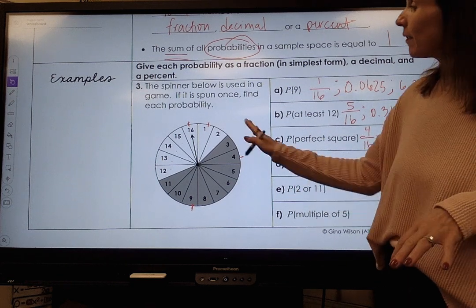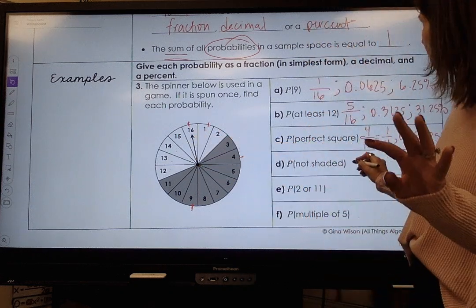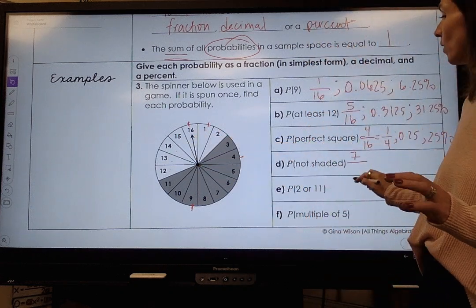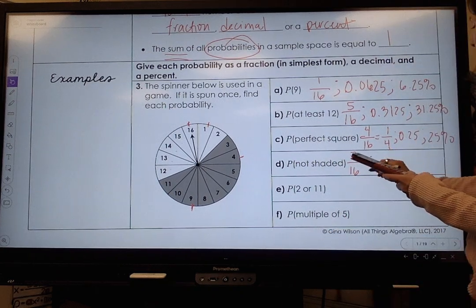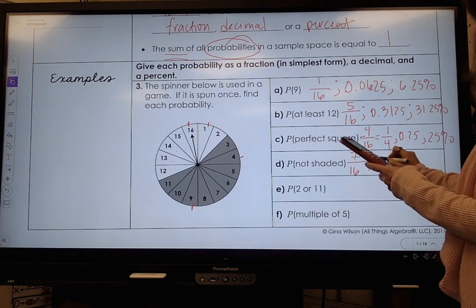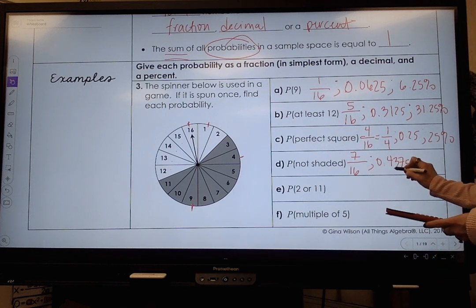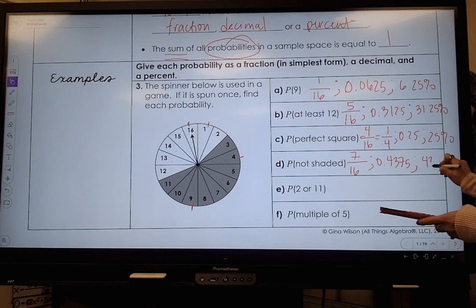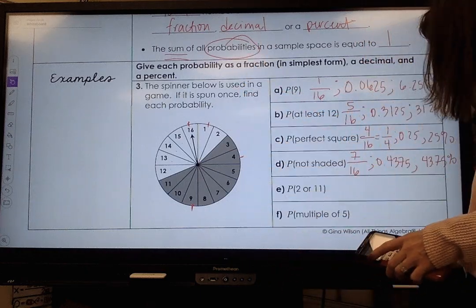Okay, the probability of not shaded, so 3, 4, 5, 6, 7 numbers are not shaded out of the total amount, which is 16. And again, 7 divided by 16 is 0.4375, and then to turn it into a percent, it's going to be 43.75%. Okay, so that's kind of an example of your simple probabilities.